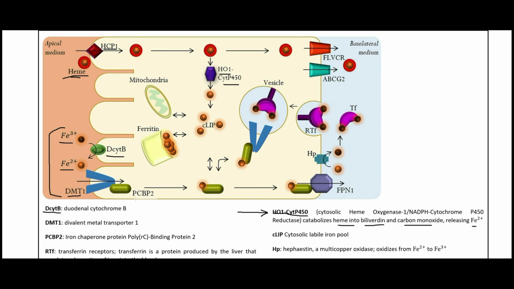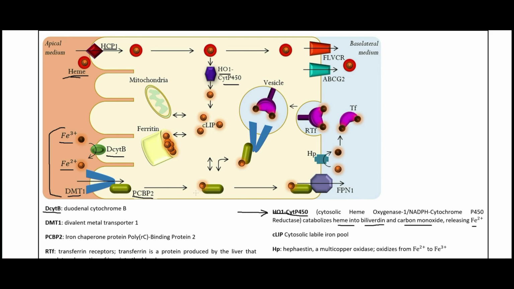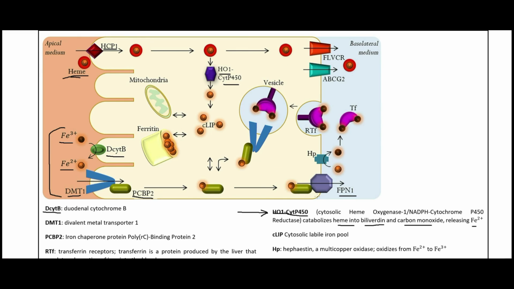Then this figure shows PCBP2, which is a chaperone protein, bringing the Fe2 plus down to this FPN1, which is the protein that actually puts the iron into the bloodstream here.